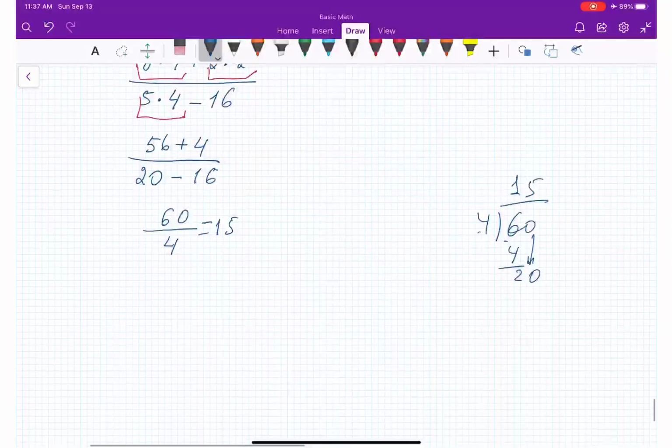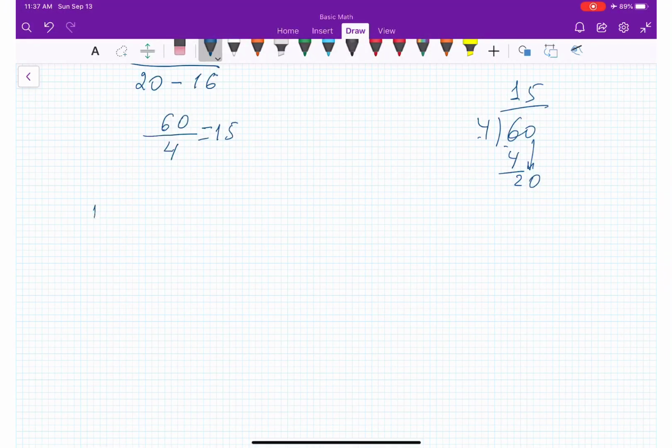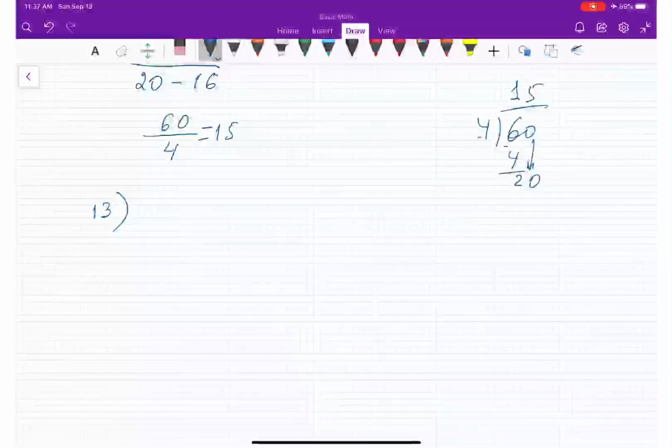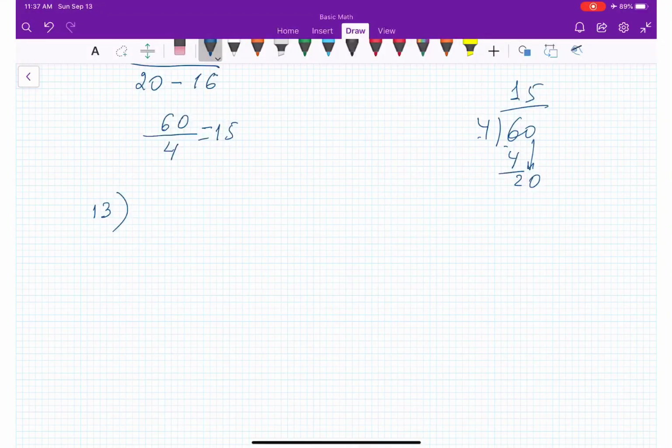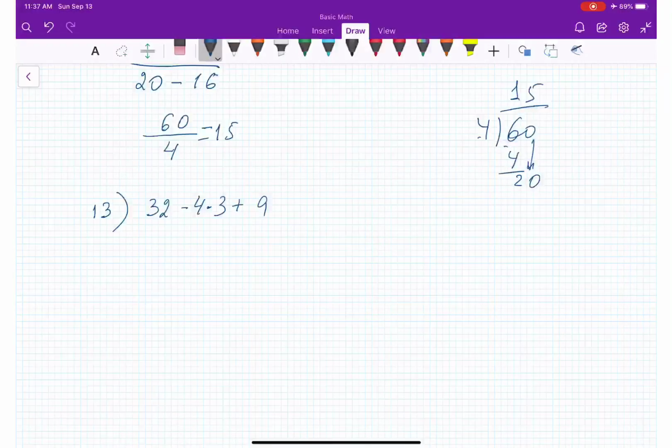Next one. Question number 13. Okay. 32 minus 4 times 3 plus 9. So the first operation we are doing is multiplication.